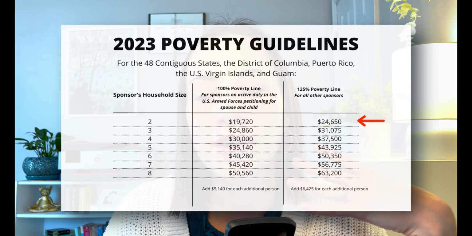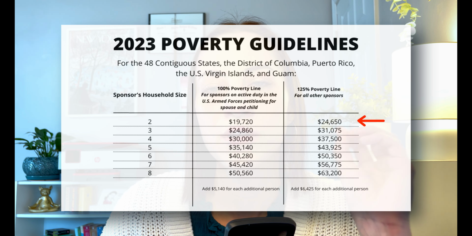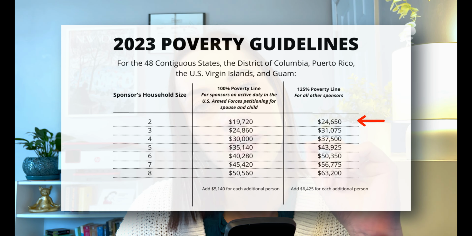So for instance, for a household of 2 people, which is a very frequent case, right? For people who are recently married, for example, going through the marriage-based green card, there's only 2 of you in the household. The required amount based on these tables is $24,650. If you make $25,000 a year approximately, it is very likely that USCIS will still issue you a request for evidence.